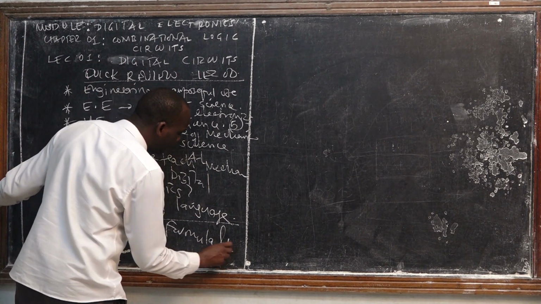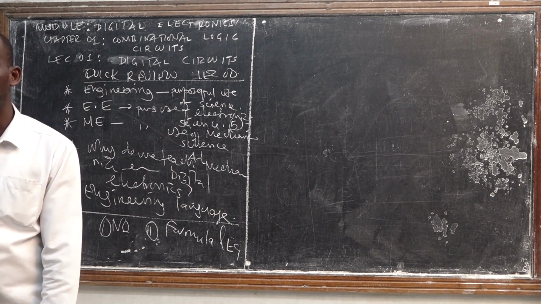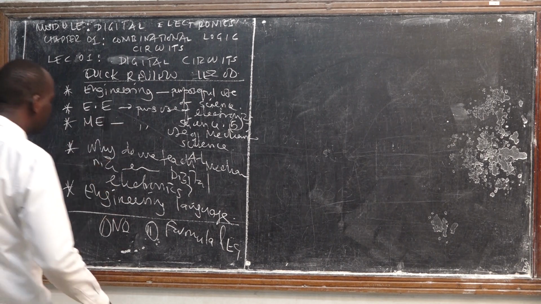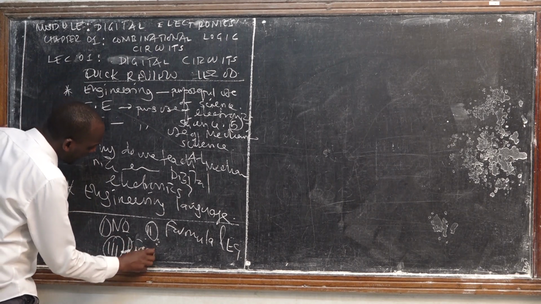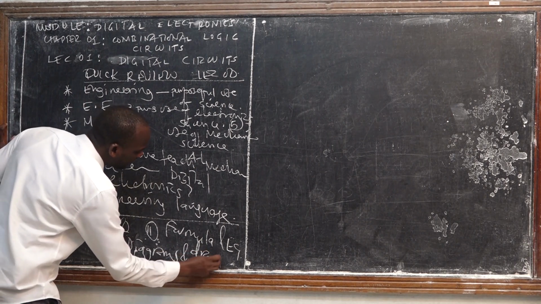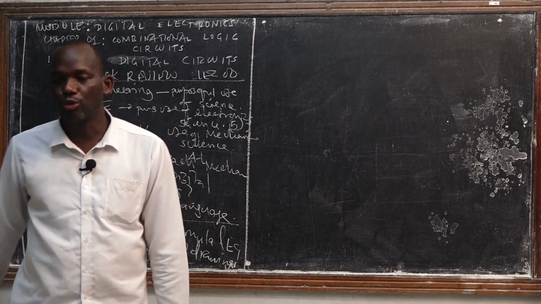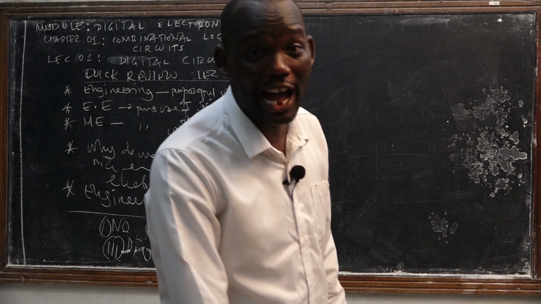So formulas and equations, which are the applications of mathematics in engineering. Are we together? Yes. Then practical engineering language has to be presented in terms of diagrams and drawings. Why did I add the word drawings? Because you are the mechanical guys. You have to draw a bush. You have to draw a bolt. You have to draw a nut.